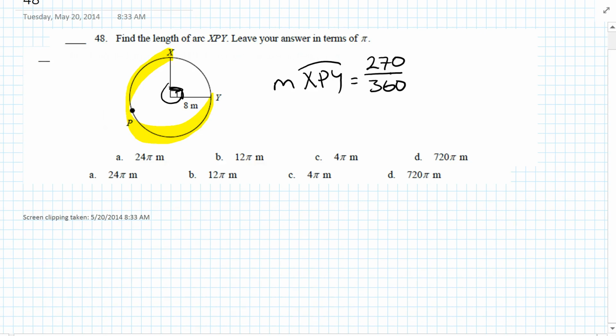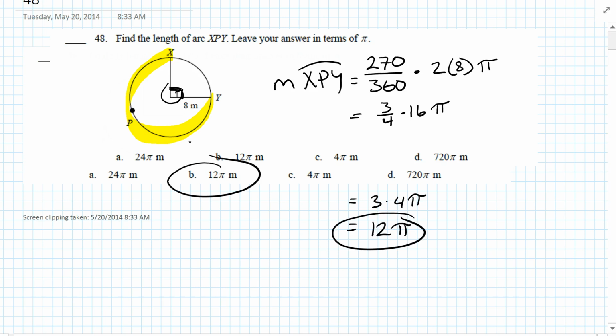And then what is the circumference of a circle? Well, 2 times the radius, which is what? 8 pi. Okay, that's going to simplify to 3/4 times 16 pi, which should simplify to 3 times 4 pi, which should be 12 pi. Answer is B.